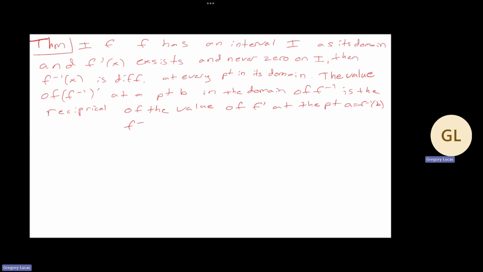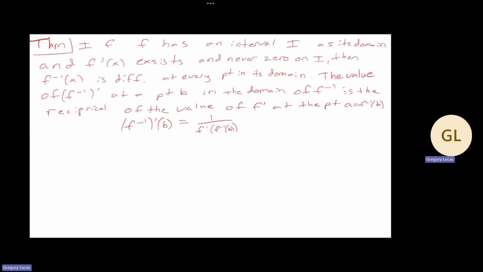So if we take f inverse, we take the derivative, we're considering this point B. This is the same thing as the reciprocal, so 1 over f prime of f inverse of B.